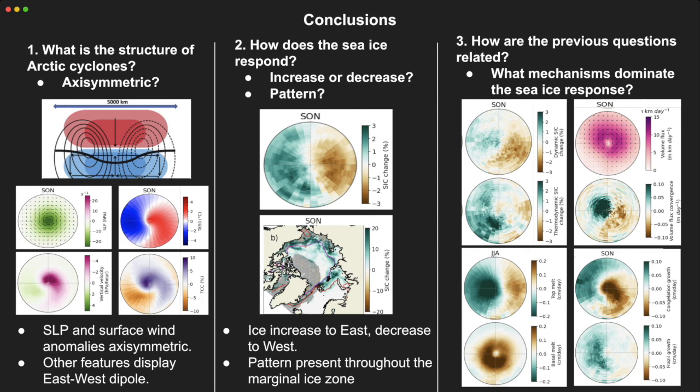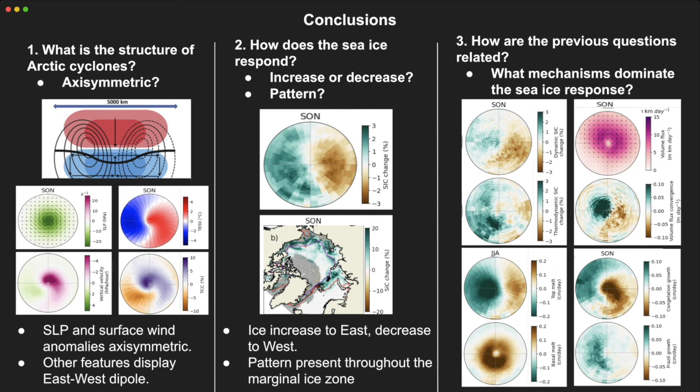We don't find these systems to be cold core so much as having a warm-cold dipole in them. And the clouds themselves and the moisture content also are not axisymmetric. So I think it's safe to say we can reject a lot of this Aizawa and Tanaka axisymmetric structure in favor of an east versus west dipole for a lot of the structure of Arctic cyclones.